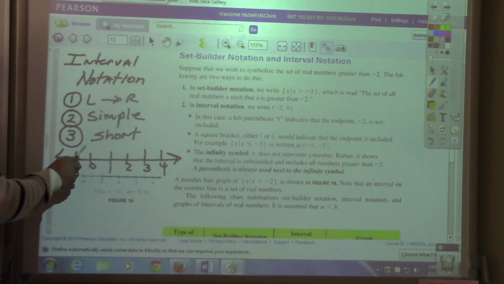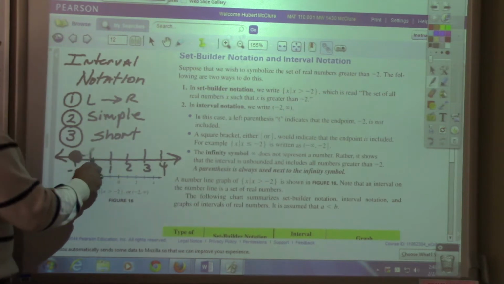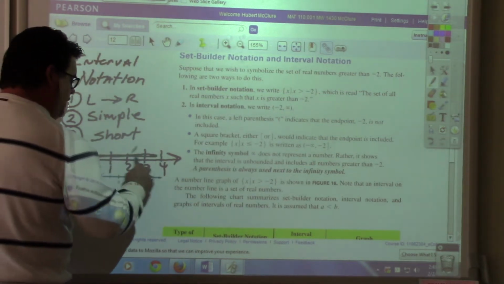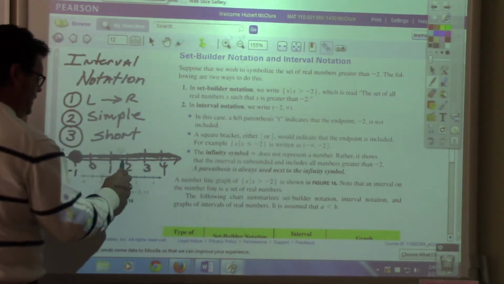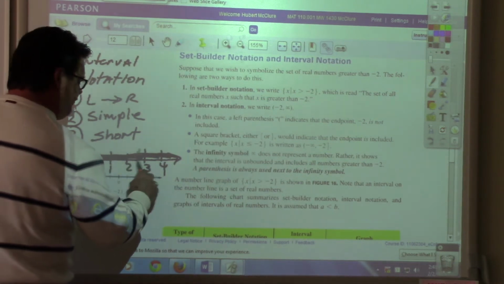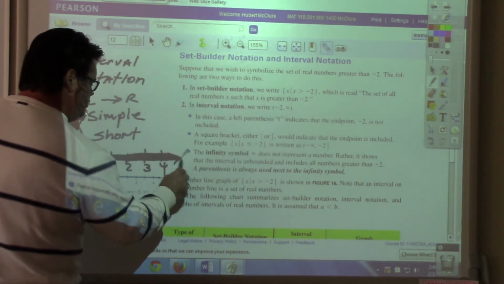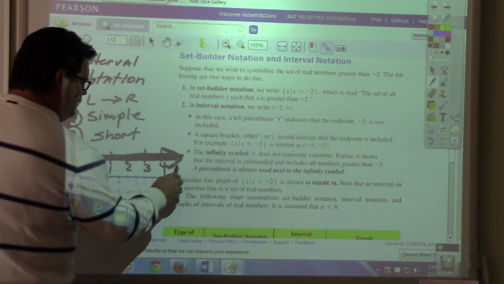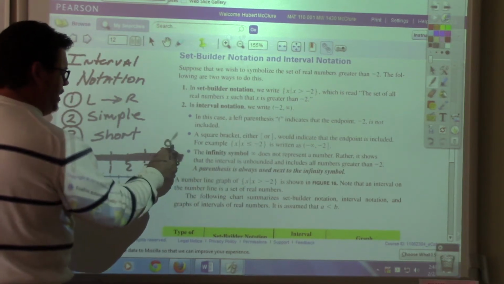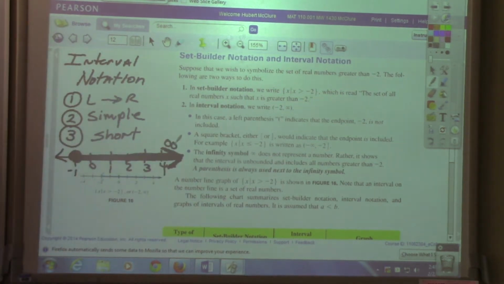And I want to know all the numbers that are greater than or equal to -1. And you shade in that number line like this, and you shade in that arrowhead, which is called positive infinity. And you remember doing that back in whatever algebra.